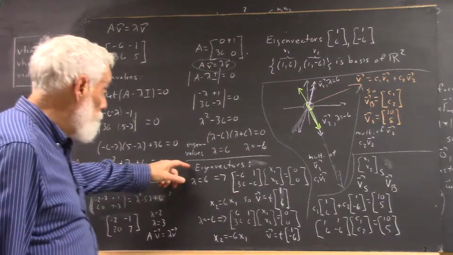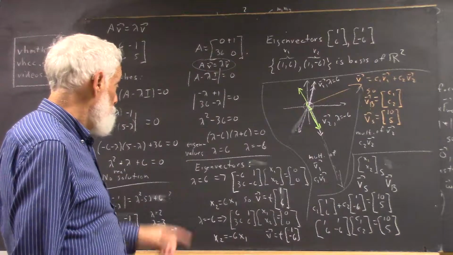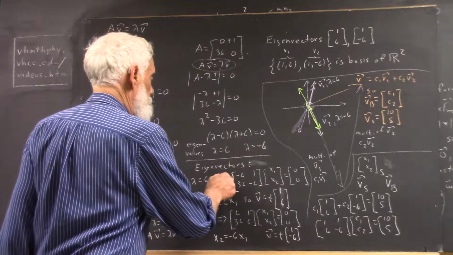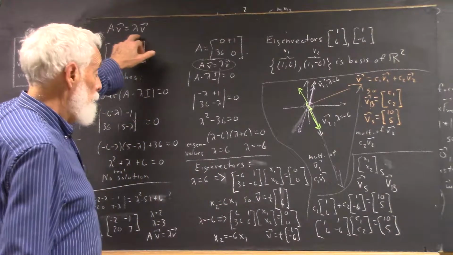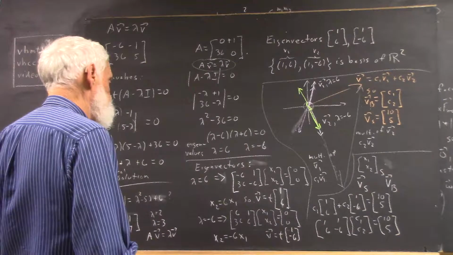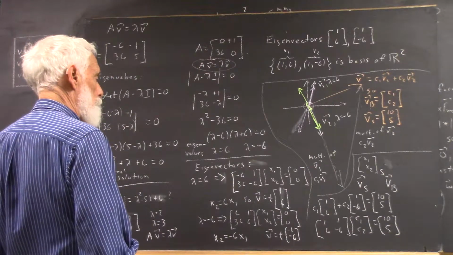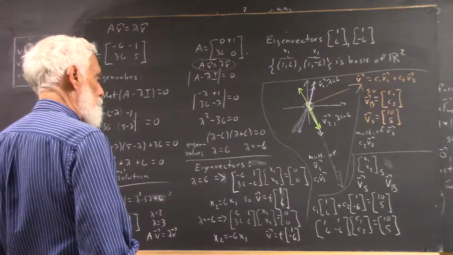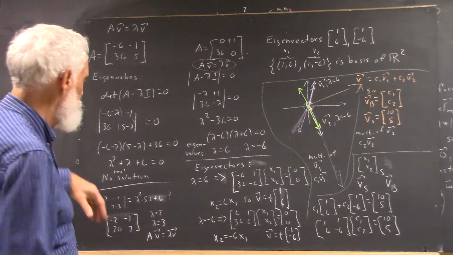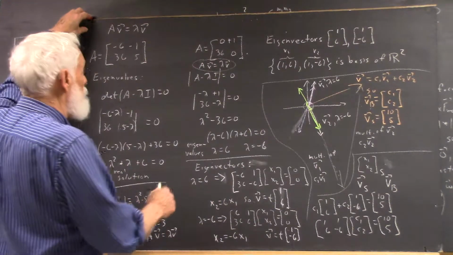The eigenvectors, well, we use lambda equals 6. Remember, the equation that we're trying to solve is AV equals lambda V, right? And I haven't written it down, I probably should.